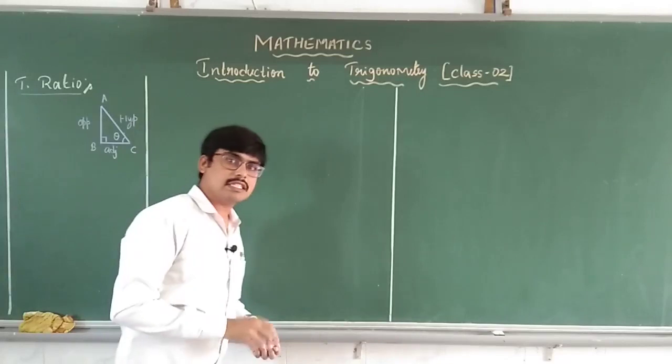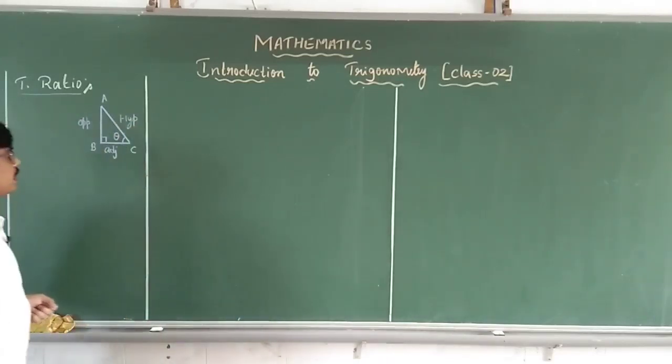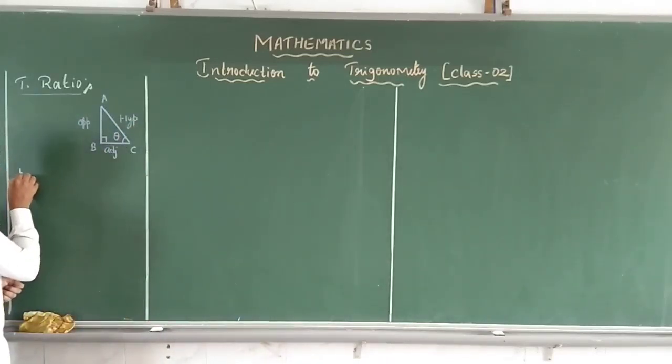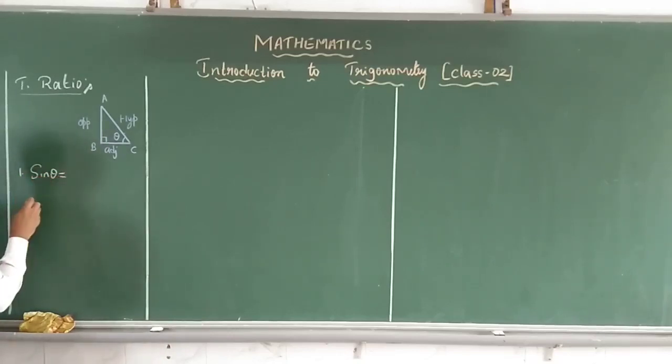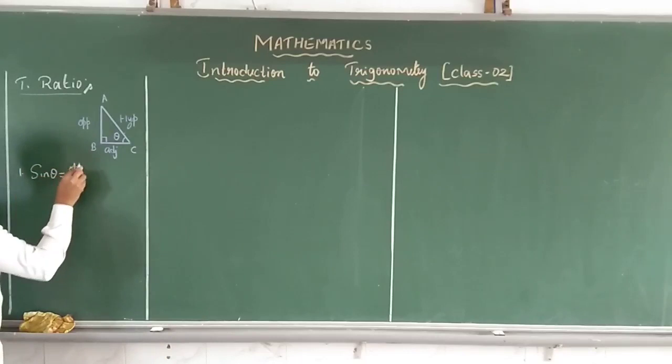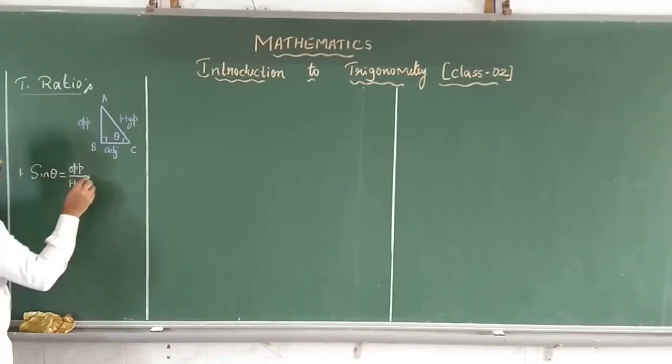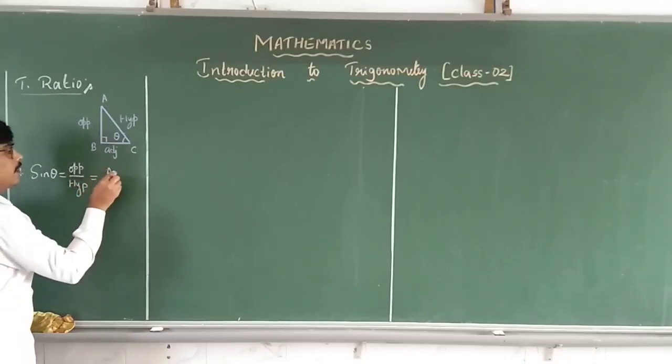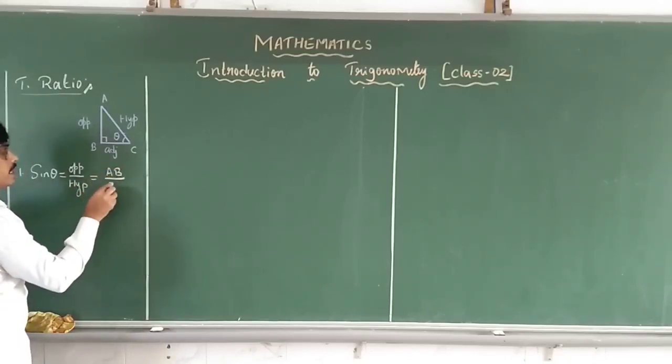Let me write the 6 different ratios here. First one, sine of theta. In short, we can write this as opposite by hypotenuse. It is nothing but AB divided by AC.